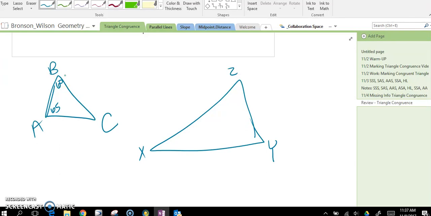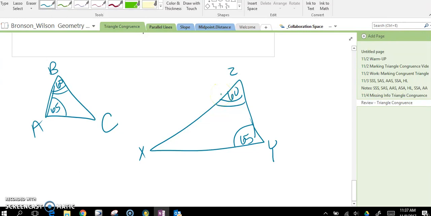That's okay. All right. And so this one would be 65. And this one would be 60. Okay? So we know that we have congruent angles. We have another congruent angle. That's good.